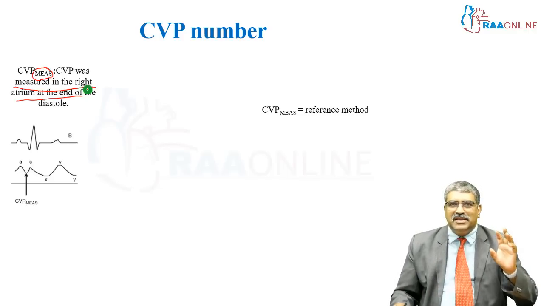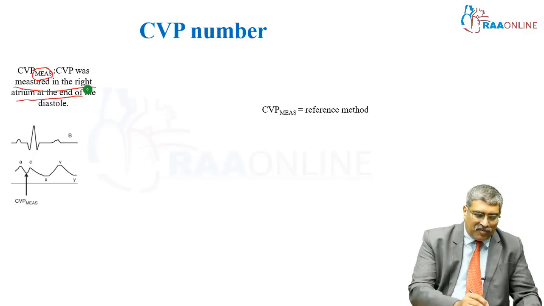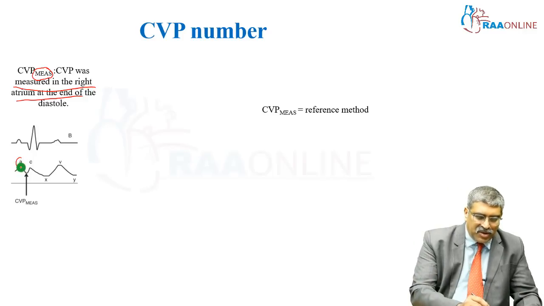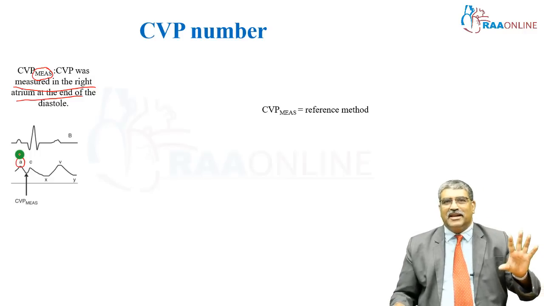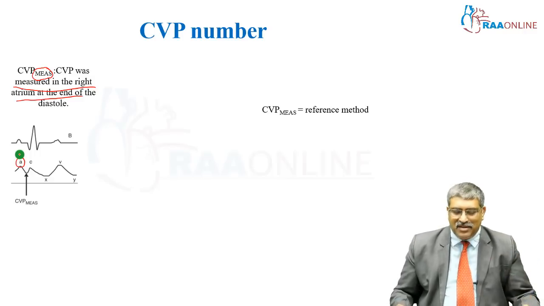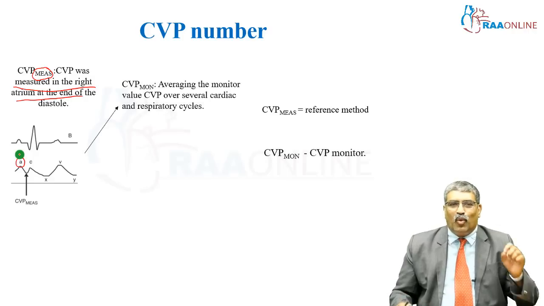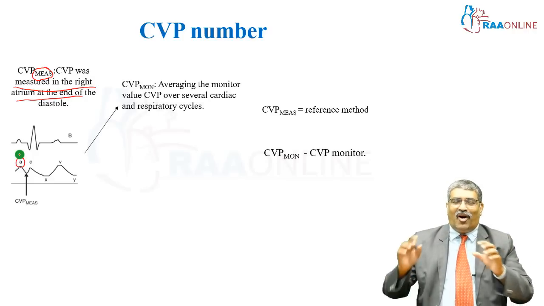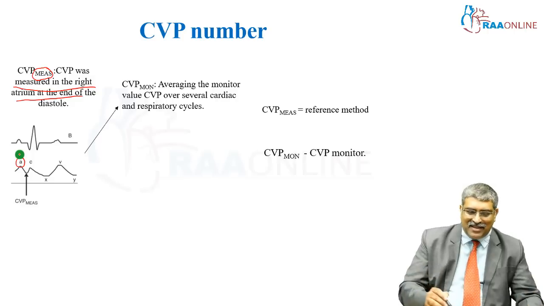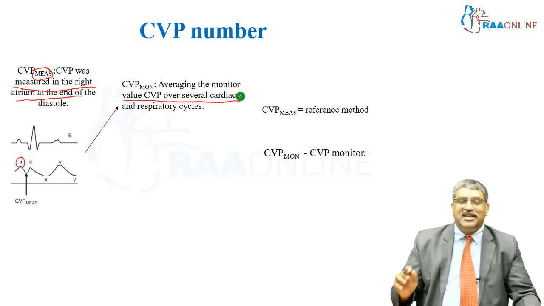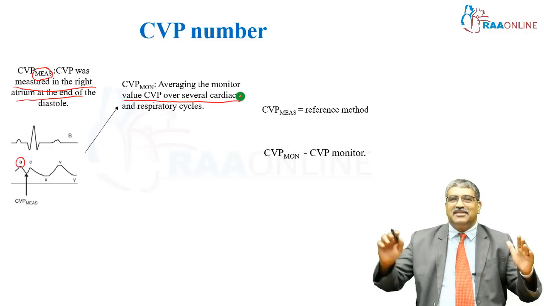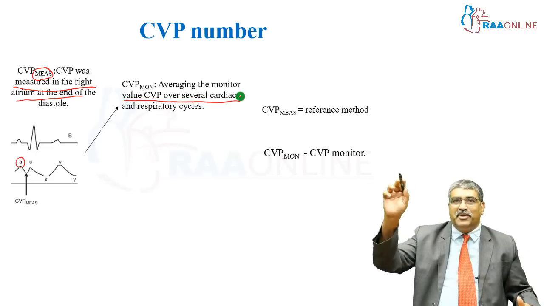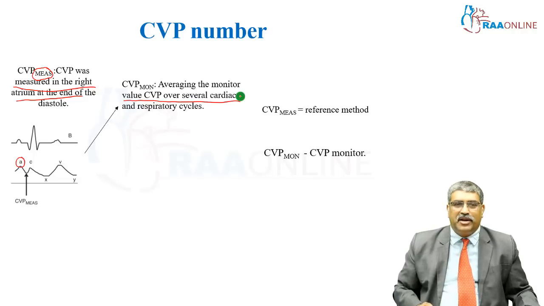Usually, for all purposes, you take the number which comes with the atrial contraction as the measured CVP. But what is monitored on the screen is the average of the CVP over several cardiac and respiratory cycles. That is the actual mean CVP which comes on the monitor.